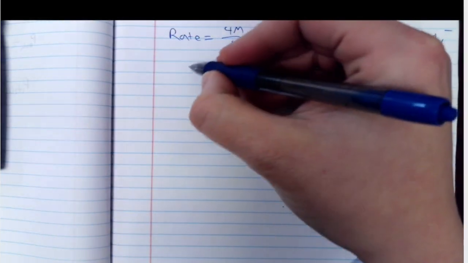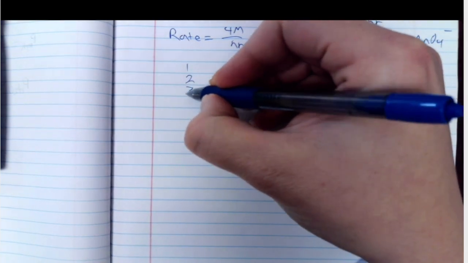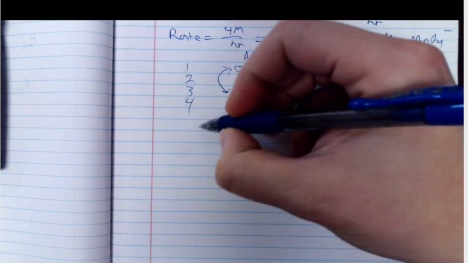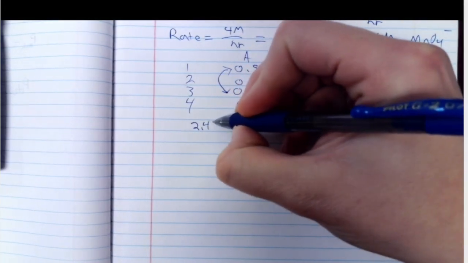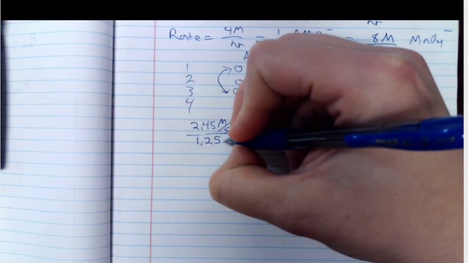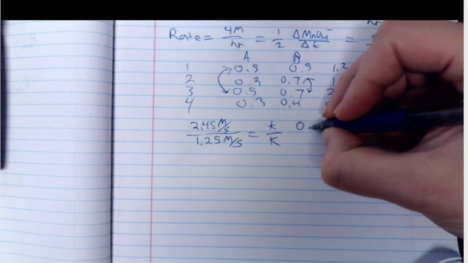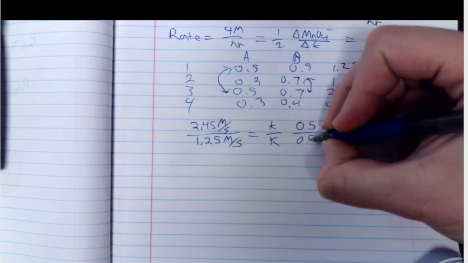So I'm going to start by comparing 1 and 3. So 2.45 m over s divided by 1.25 m over s equals generic k over generic k, 5 over 0.5.